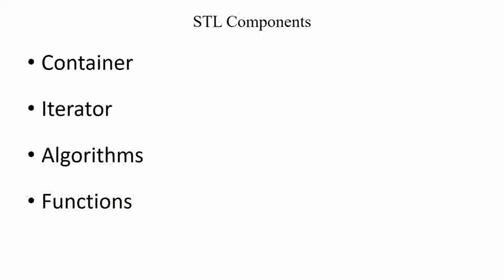But here we study what is function object, what are the different types of algorithms provided by using STL, how we have to use algorithm as a header file in our program. We expand the concept of vector.